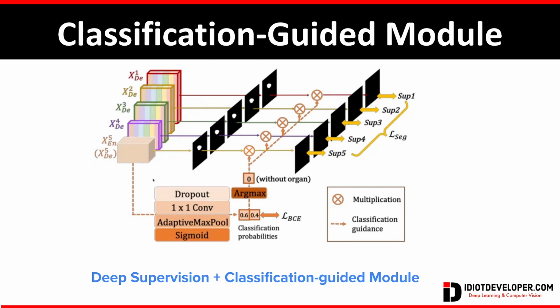Now this is a diagram and it would really help you to understand. So just see, this is decoder 1, decoder 2, decoder 3, decoder 4 and the encoder. With deep supervision, it predicts 5 masks. Then it takes features from encoder 5, or the bridge, and it has dropout, 1 by 1 conv, adaptive max pool and sigmoid.